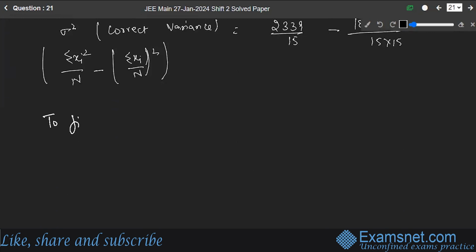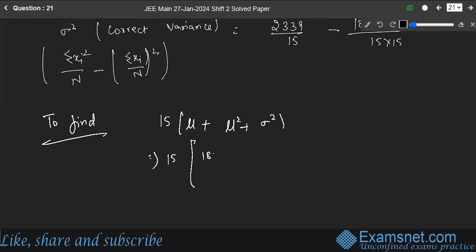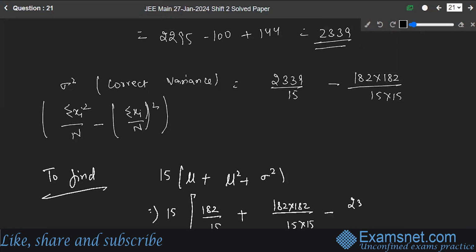What was your mu? That was 182 upon 15, and mu square will be equal to 182 into 182 upon 15 into 15. This is equal to 15 into 2339 upon 15 minus 182 into 182 upon 15 into 15.